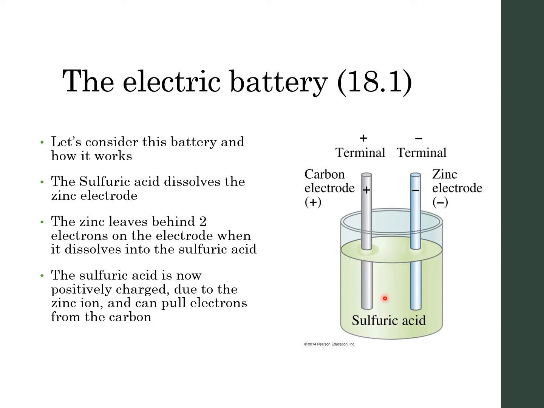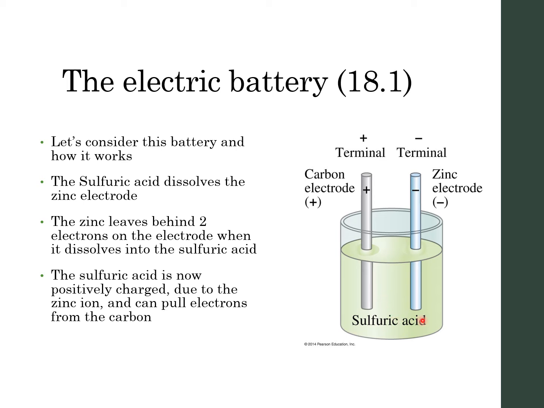Because now the acid is positively charged, it wants to be neutral. It's in contact with our carbon electrode, so it's going to start pulling electrons from the carbon electrode, which is going to force it to be positive.